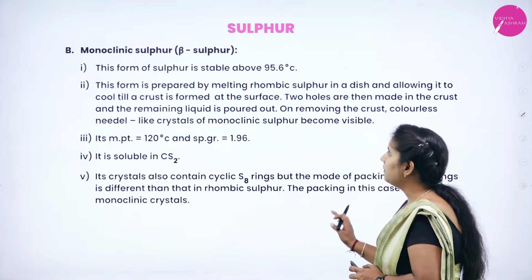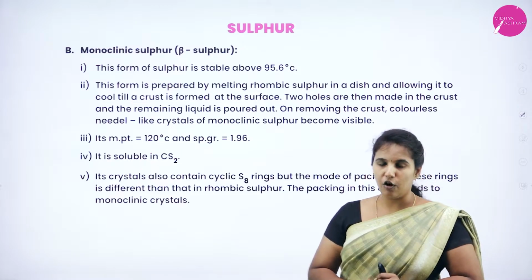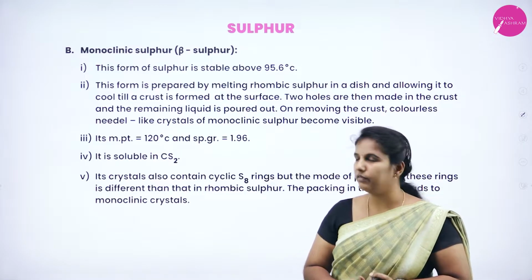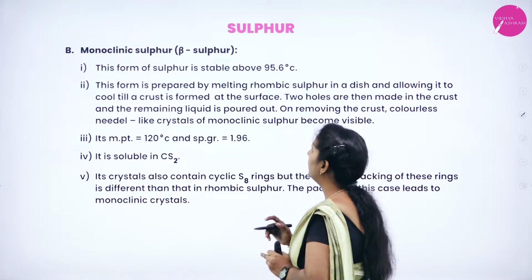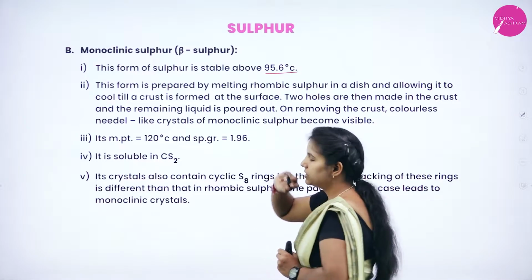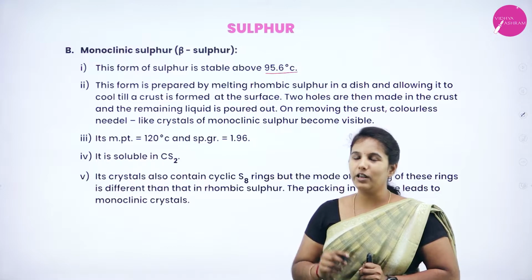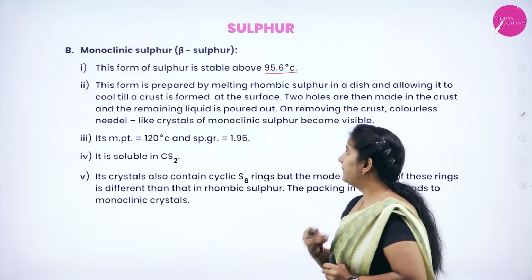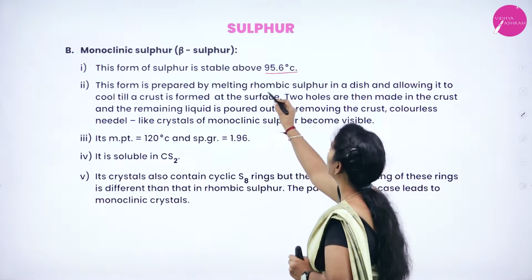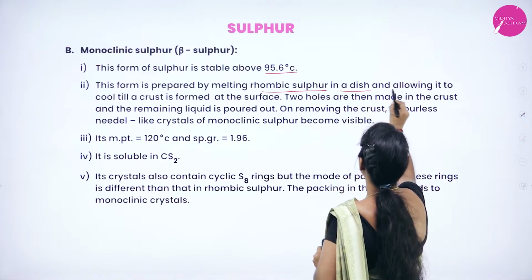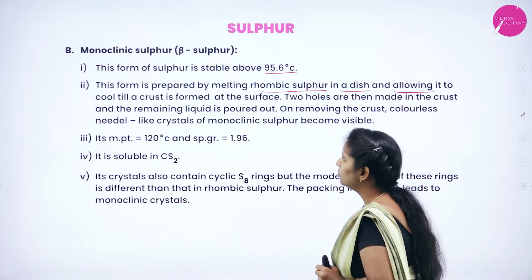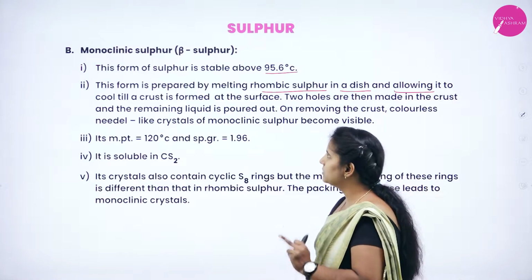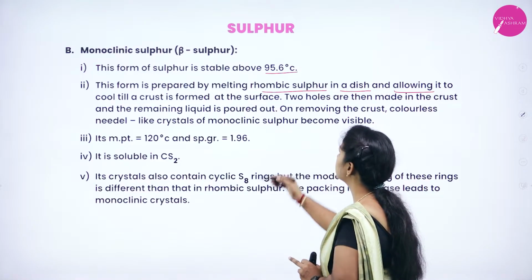Coming to the monoclinic form, or monoclinic sulfur. This form of sulfur is stable above 95.6 degrees Celsius and is usually prepared by melting rhombic sulfur in a dish and allowing it to cool until a crust forms at the surface.